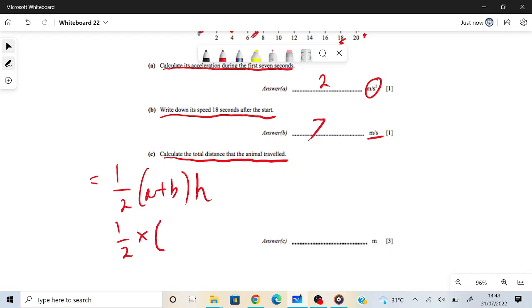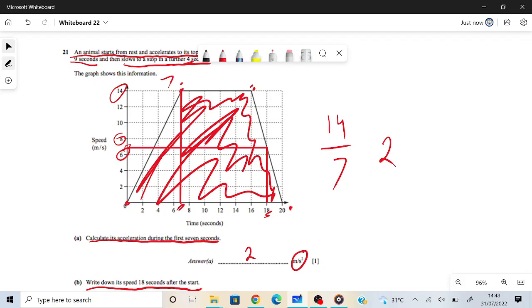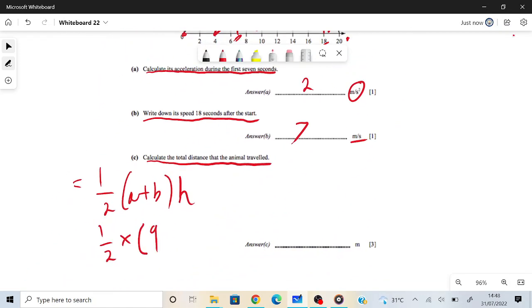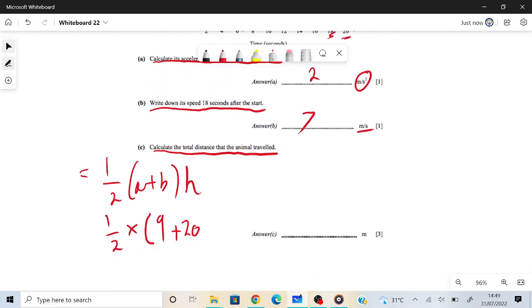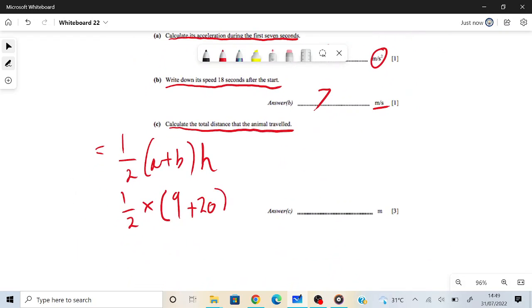What's our a? Our a is 9, because from here to here is 9, because 16 minus 7 would give you 9, so 9 plus, I think it's 20, it ends at 20 seconds, yes it does, 9 plus 20, and all of this times by the height, which is 14, because the question even stated that its top speed is 14 meters per second.